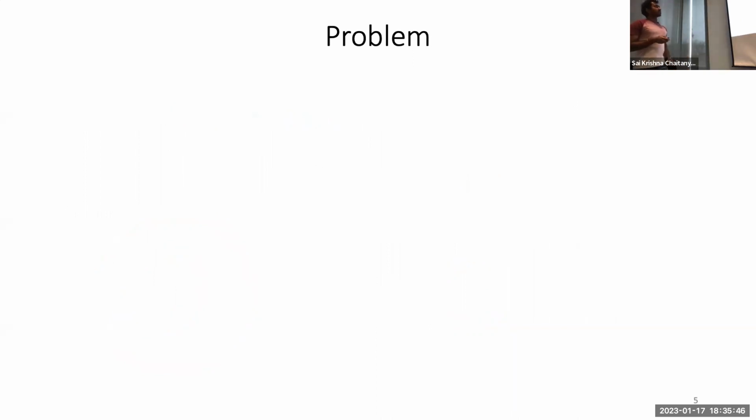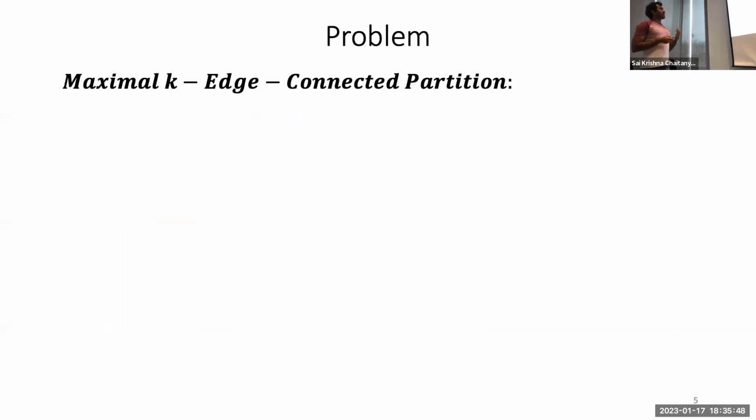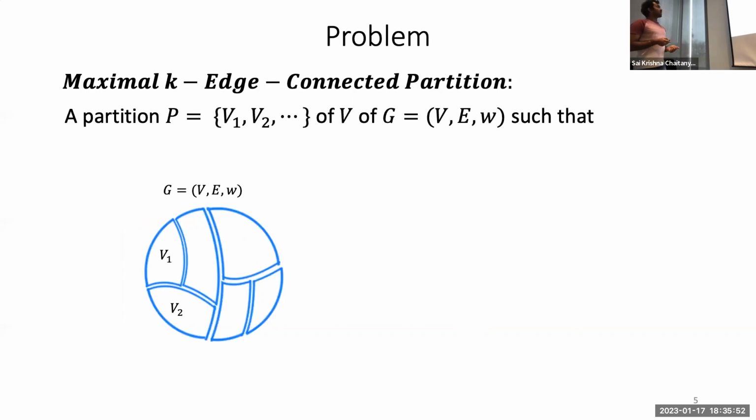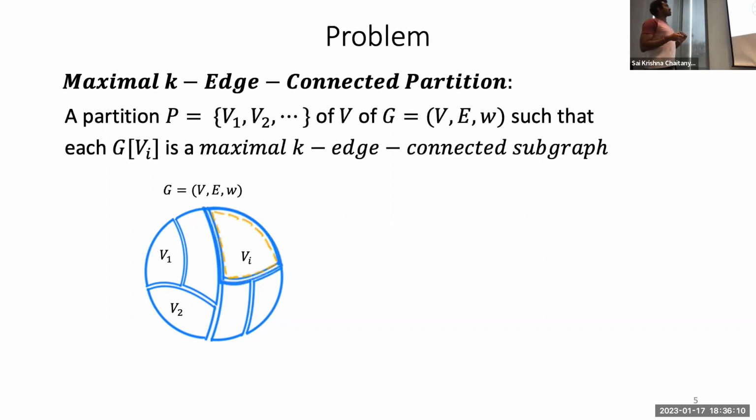Now that we know that definition, the problem is finding a maximal cage connected partition of a graph. A partition P of the vertex set V of graph G is basically subsets whose union forms V, and none of them have any intersection. That partition is called a maximal cage connected partition if each G of Vi, the graph induced on Vi, is a maximal cage connected subgraph.